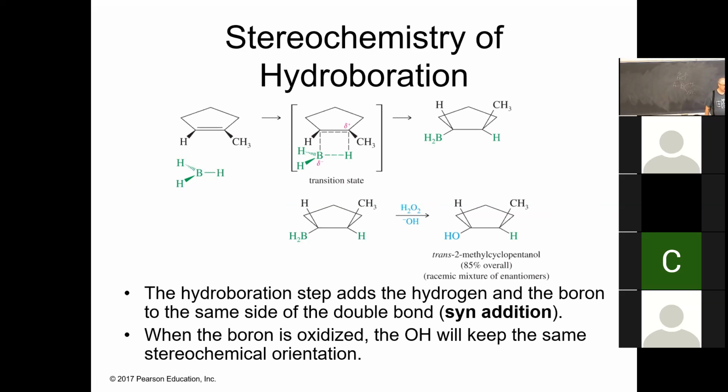Hydroboration is also stereoselective. We get a particular stereoisomer. And the primary place that you would see this would be if you had a cyclic alkene. So here we're starting off with 1-methyl-cyclopentene.